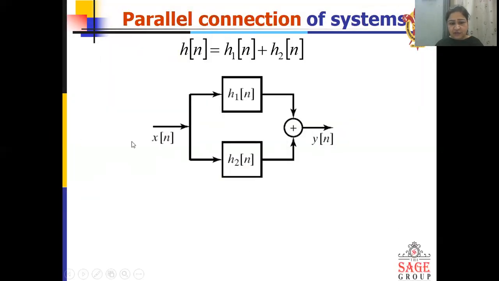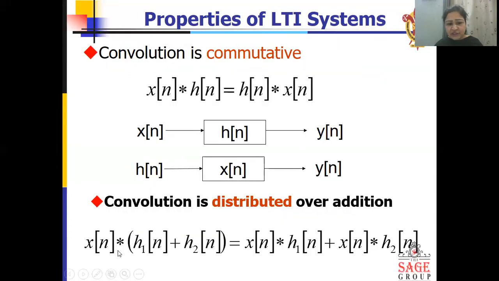The outputs generated are added to give yn. Then according to the distributive principle, it should be the same as the input convolved with another system having a unit impulse response h1n plus h2n.